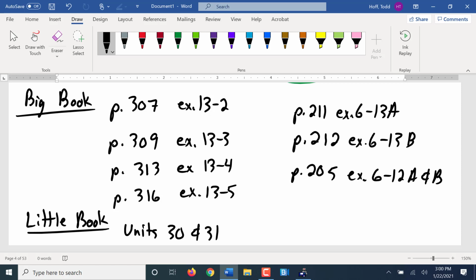What is 307? Yeah, that's definitely there, right? That's definitely on the right page. Yeah, let me see this for a second.